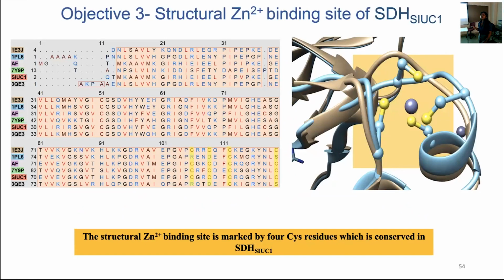And then we needed to locate the structural zinc binding site. I talked about this earlier in our experimental data. Here we have this structural zinc binding site, which is conserved with 4 cysteine residues. And here we have a comparison of the structural zinc binding site in the templates.